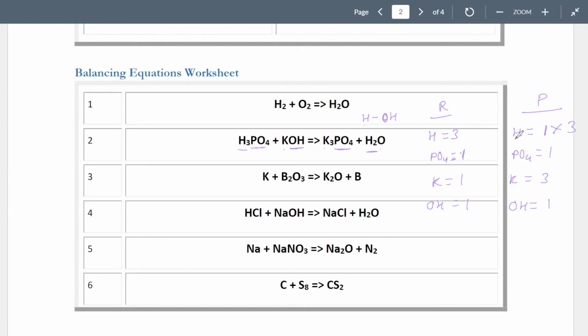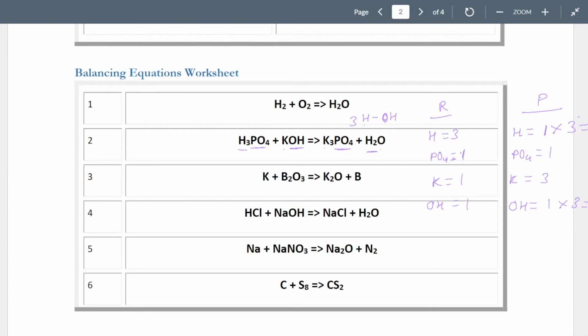When you multiply this by 3, it not only affects this hydrogen, it also affects the hydroxide, which means this is also multiplied by 3. So we have 3 hydrogen atoms and then 3 hydroxide ions. So that's done.